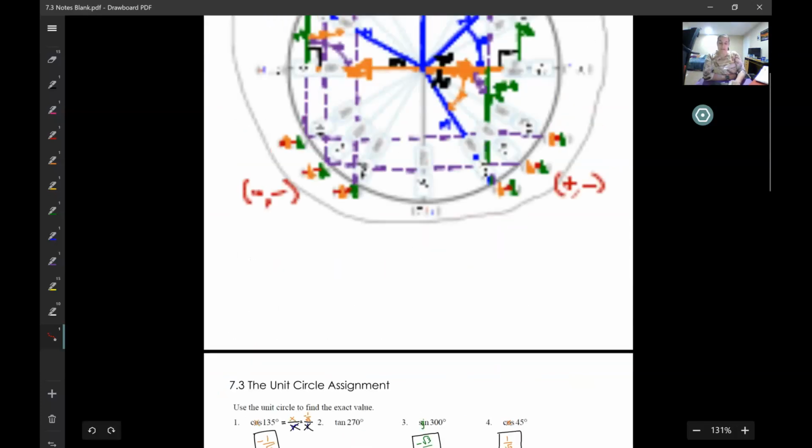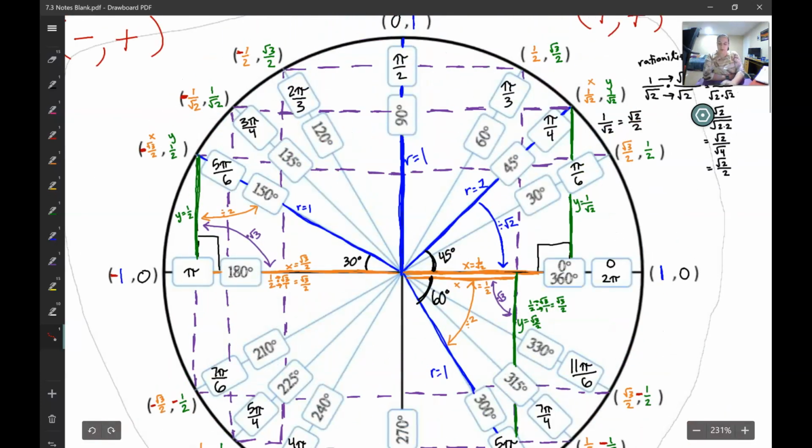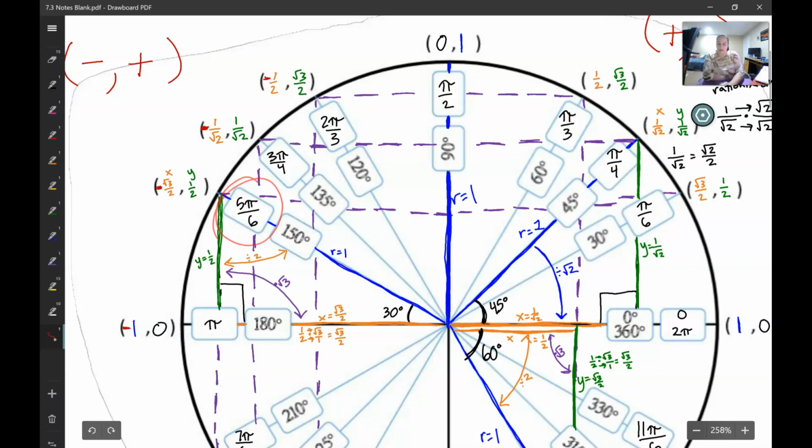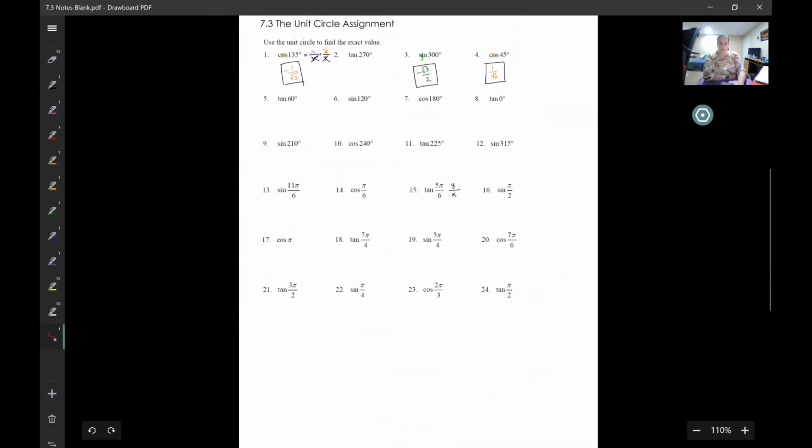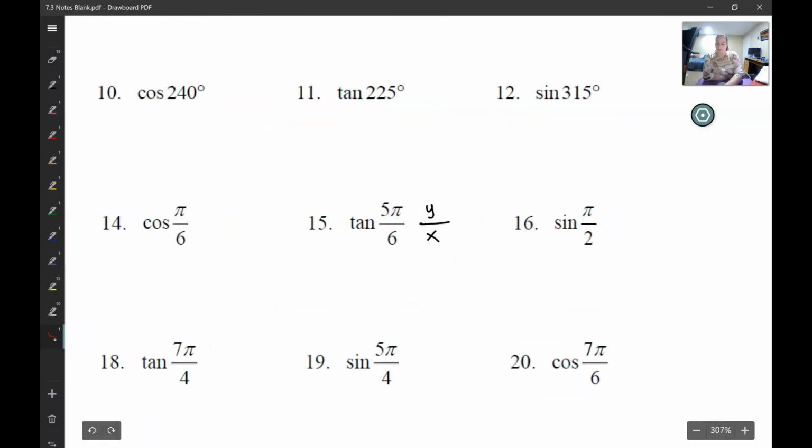So let's find 5 pi 6 on our unit circle. There's 5 pi 6. So I'm going to do my y value 1/2 divided by my x value, -√3 over 2. So let's go down here. My y value was 1/2 divided by my x value, which was -√3 over 2.